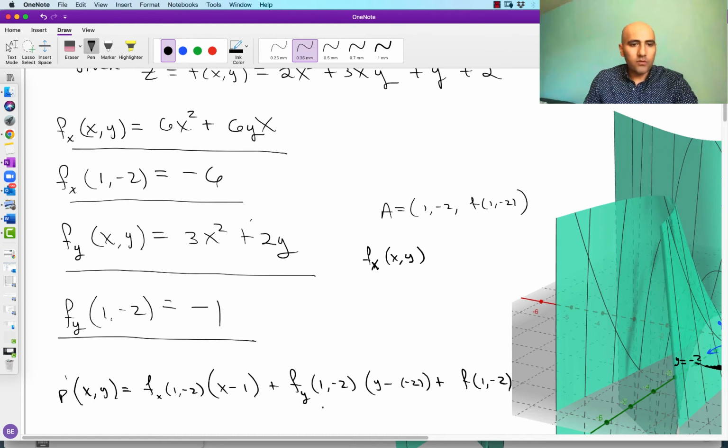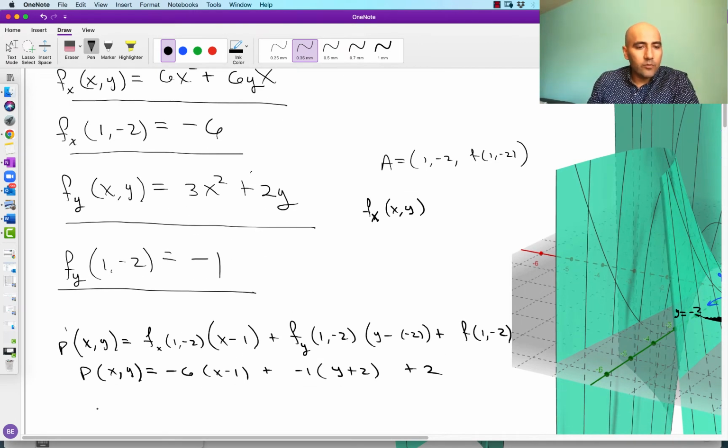Okay, well, we already have this. This is easy. This can be -6, times (x minus 1), plus, and this is -1, and that becomes (y plus 2). And if we evaluate our function at (1, -2), we're going to get a 2 there, so it's plus 2. So there's our plane function. Let's simplify that a little bit.